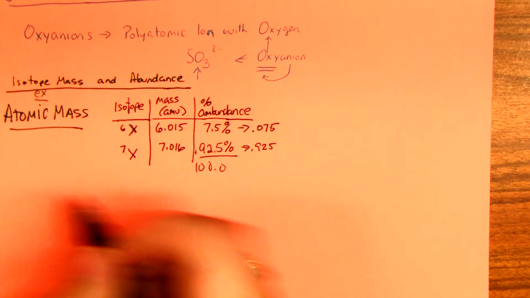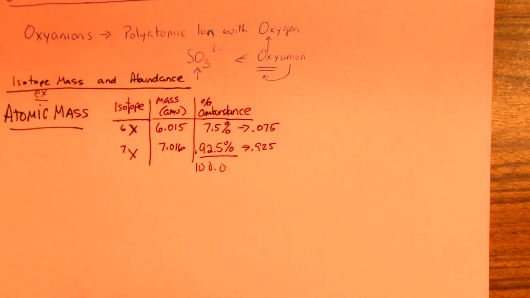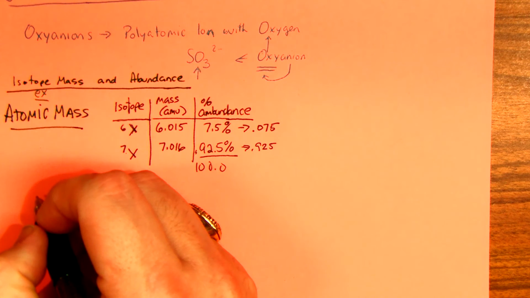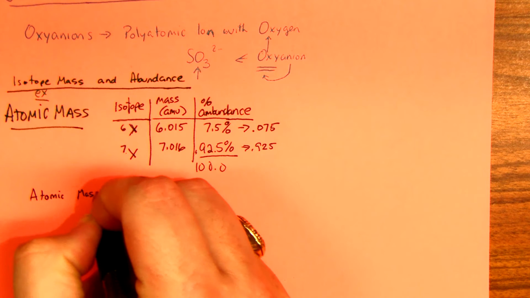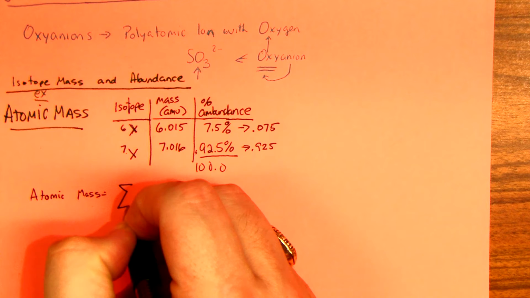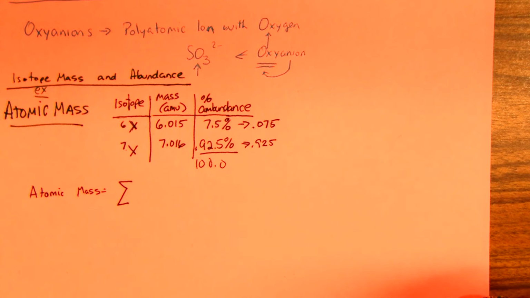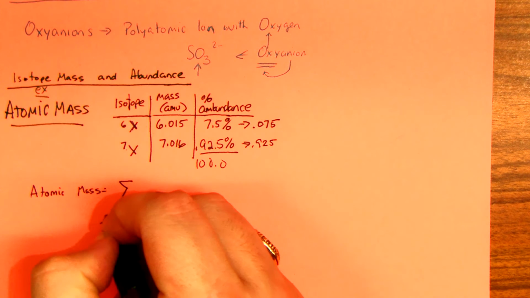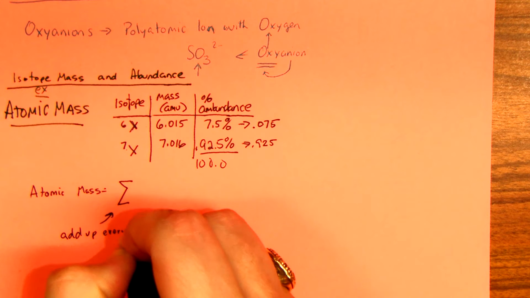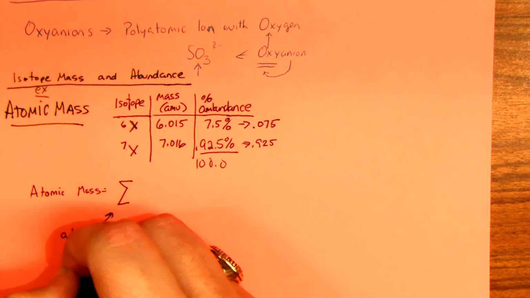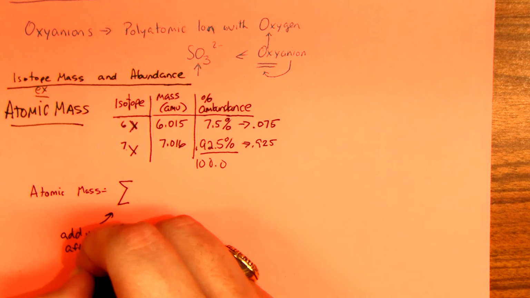Now, I'm going to throw a Greek letter at you that you're going to see more and more and more. So your atomic mass is going to be equal to, do you remember what this guy is? Sigma. And what does that mean? This means add up everything after the sigma.